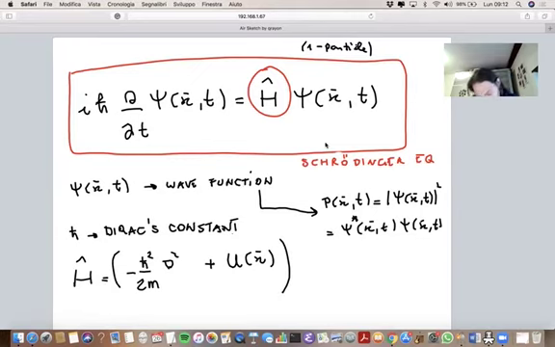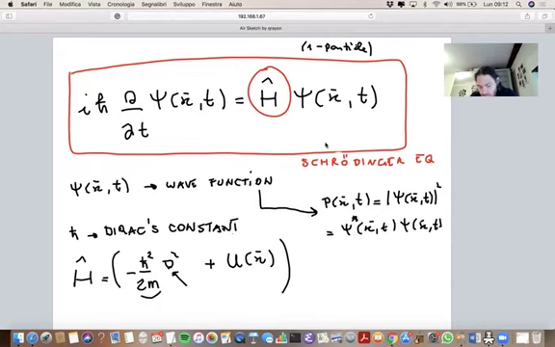So H is something that does 2 things when it is applied, when it sits next to psi. It transforms the function psi into another function. How? Well, fundamentally in 2 ways. By taking the second derivative, or more precisely the Laplacian, and then multiplying by this constant.